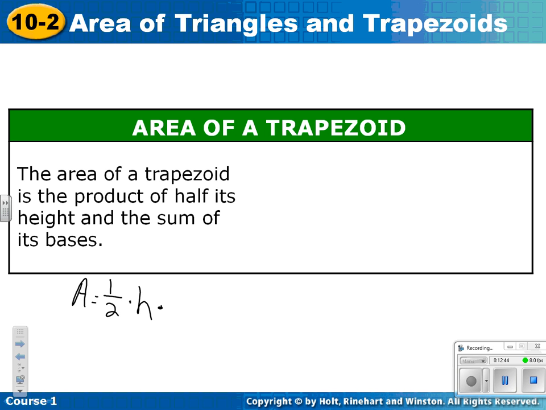What is sum mean? Or what is sum? Alexis? Adding. It's the answer to an addition problem. So the sum, B1 plus B2. Why do I put it in parentheses?